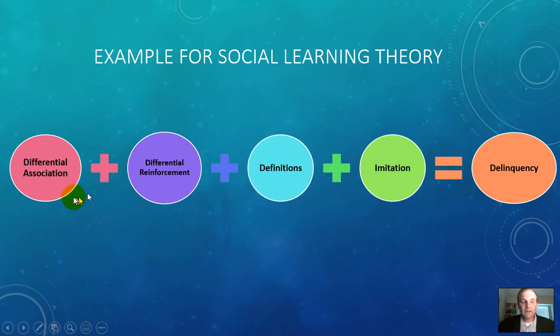The propositions associated with social learning theory are differential association, essentially hanging out with people that are different from societal norms; differential reinforcement, essentially hanging out with delinquent people or people who commit crimes or go against whatever society says is normal, and being reinforced for that different behavior, right?